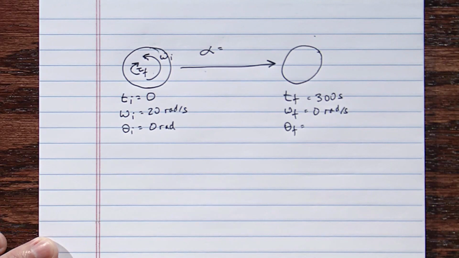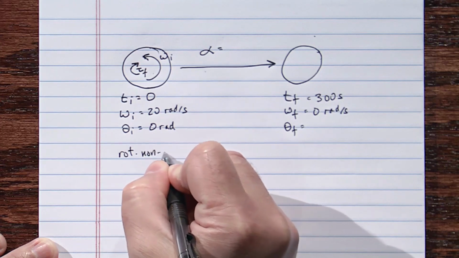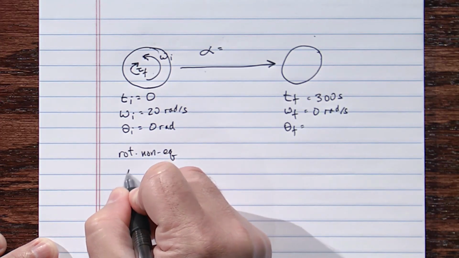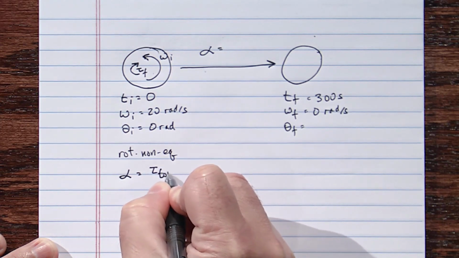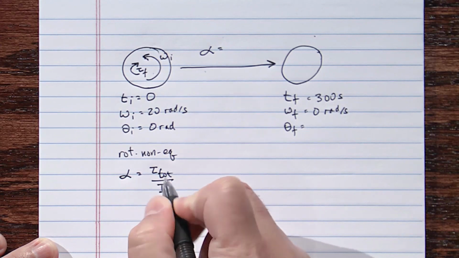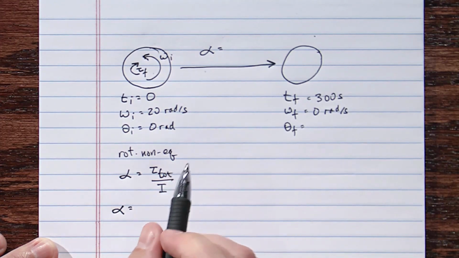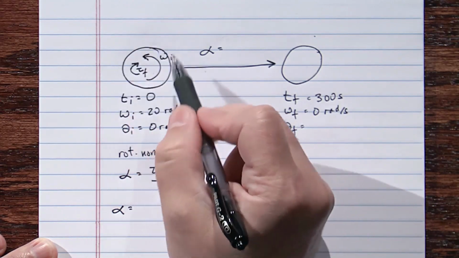Well, we can write down our Newton's second law for rotation. Rotational non-equilibrium gives us angular acceleration is equal to total torque over rotational inertia. Angular acceleration, we don't know, I'll leave that as alpha.